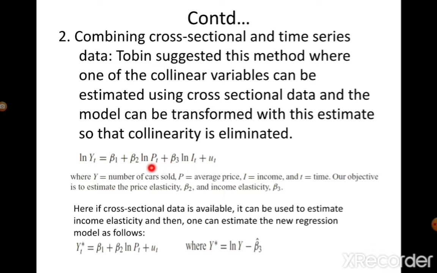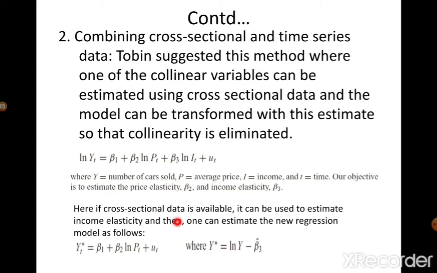Now, we know that over time, higher prices will be positively related or correlated to higher incomes, because only people with higher incomes would tend to purchase higher priced cars. So expecting this positive collinearity, what can be done is cross-sectional data can be used to estimate the income elasticity beta 3.